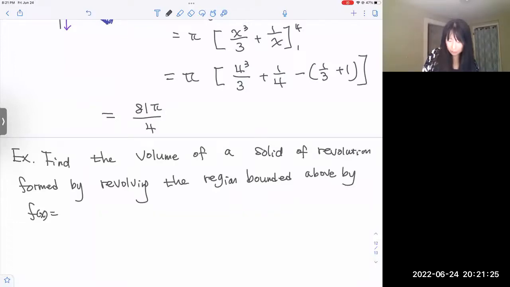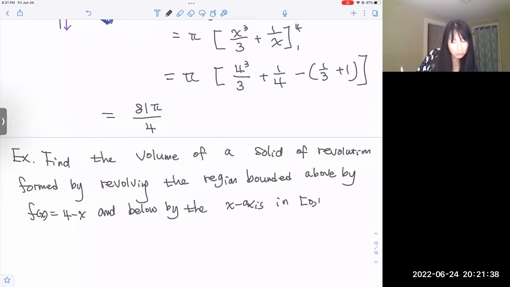Top graph. So 4 minus x, good. And below by the x-axis in 0, 4.